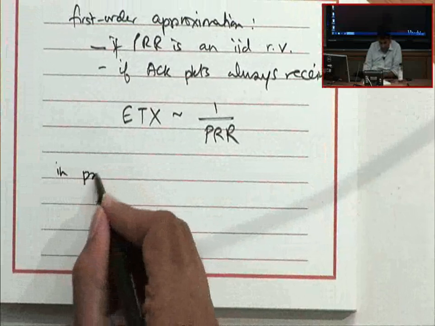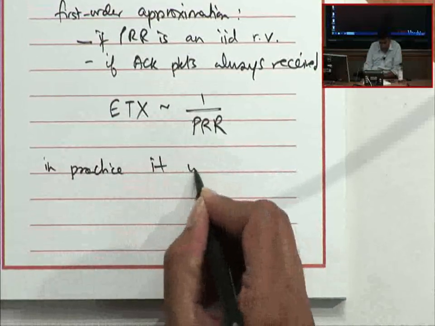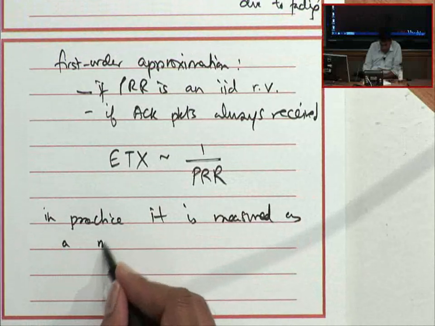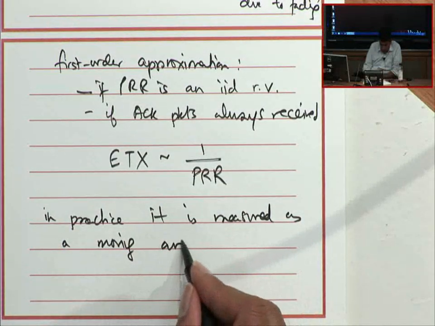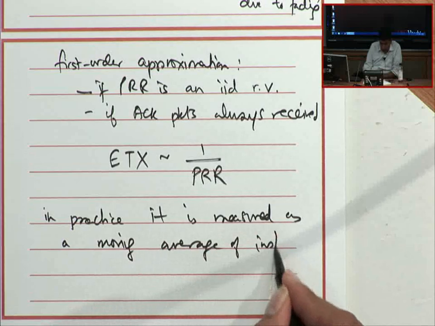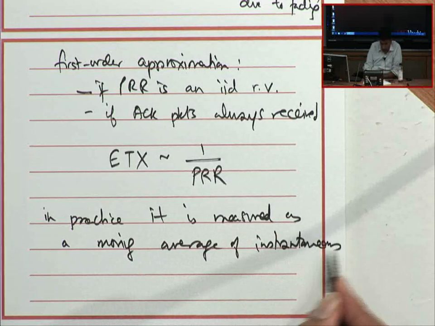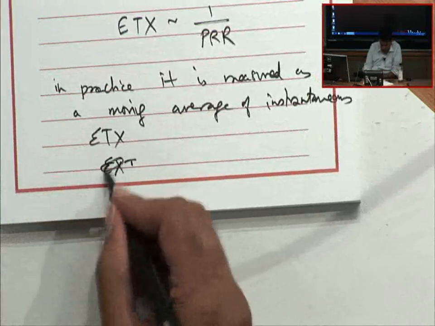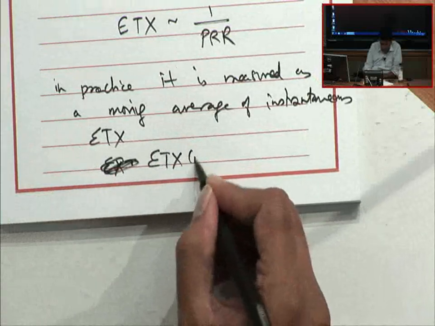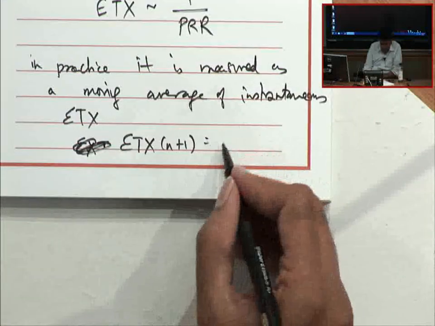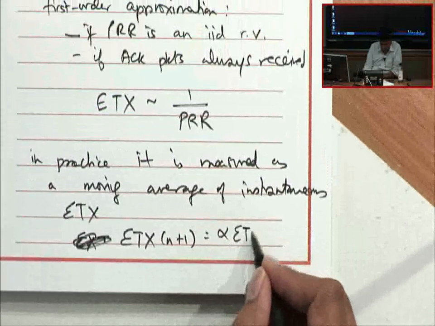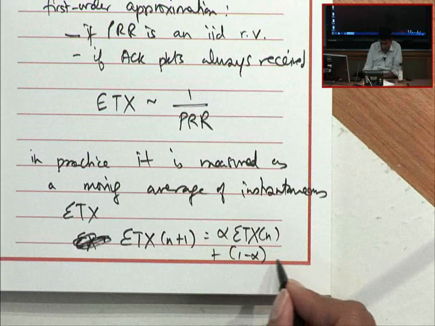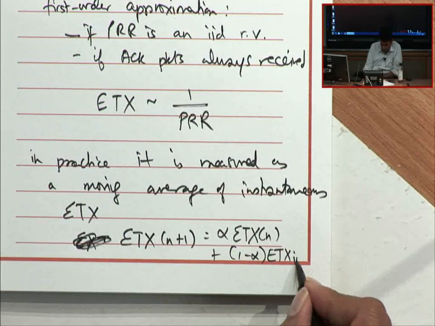And then we said that in practice, it is measured as a moving average of instantaneous ETX, so I forget the exact expression we wrote down, but it's something like ETX for the n plus 1th time step is some alpha of the ETX at n plus 1 minus alpha of the ETX instantaneous.